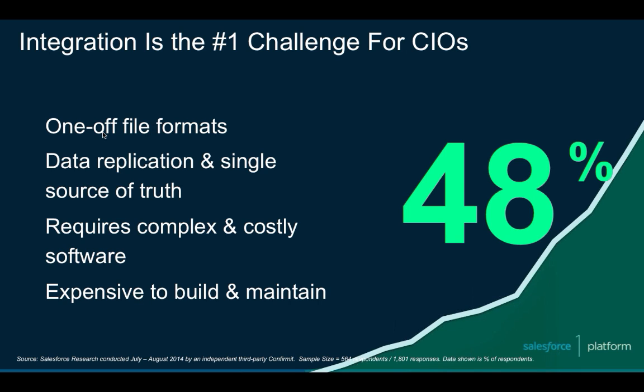One of the things that has not changed in a long time: 48% of CIOs say their number one challenge in building applications is integrating data, just getting to the data, displaying the data, acting on the data that they have. Things like one-off file formats. How many of you have stuff in spreadsheets, where you have your master spreadsheet and you pass it around, and it's different for every kind of process?